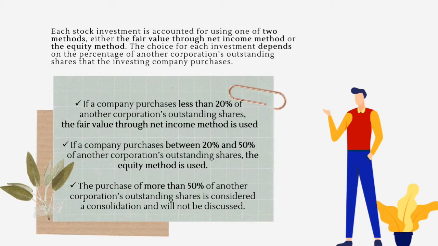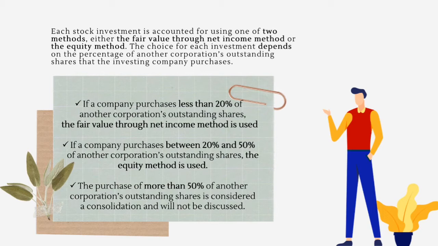Two versions of the 5 journal entries related to investing in stock are illustrated side by side in the journal entries that follow. The transactions on the left illustrate the fair value through net income method, where the investor owns 10%, or less than 20%, of the outstanding shares.